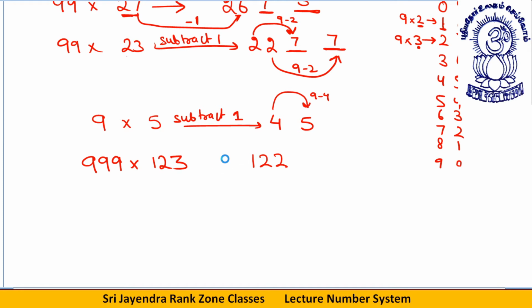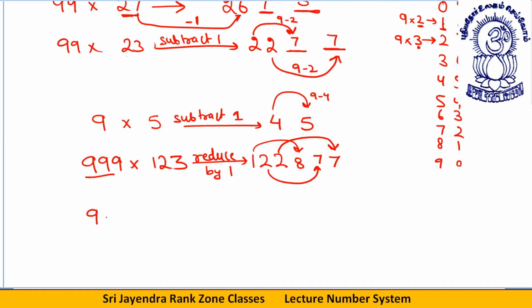I subtract 1 from this, reduce by 1. You get 122. Then subtract each of the digits from 9. From here you will get 9 minus 1 will give you 8. 9 minus 2 will give you 7. 9 minus 2 will again give you 7. So easily you get this product, you can just check it also.